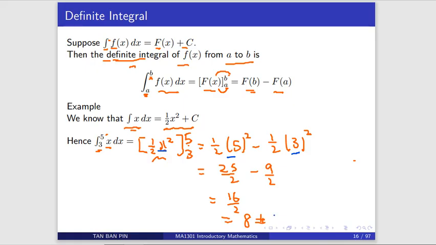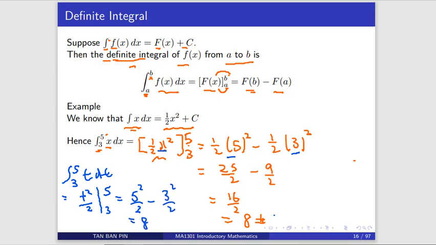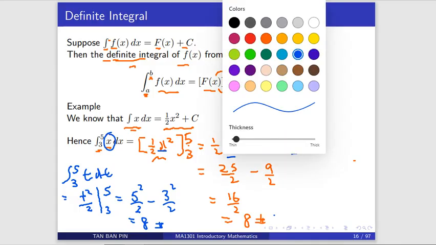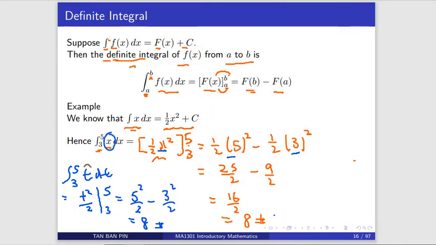So instead of using x, if I ask you to find the integral from 3 to 5 of t dt, then integrating t will give you t squared over 2, right? It gives you half t squared. Then 3 to 5. Then you sub t as 5, then you sub t as 3, and you find that you still get 8 as the answer. So it doesn't matter whether you use x or t, you still get the same answer.